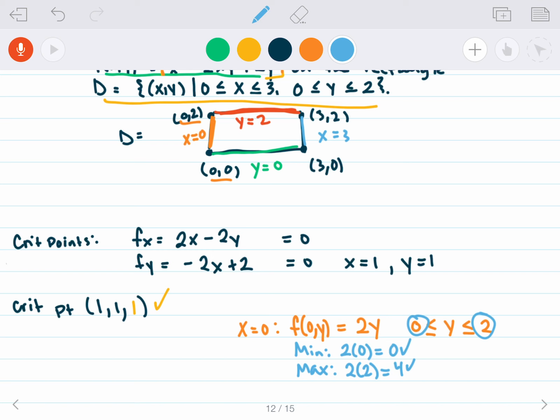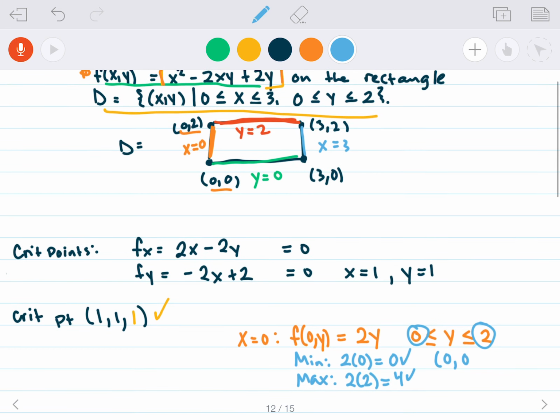Maybe we should list this as an ordered pair. When x was 0, y was 0, and z was 0. And this one right here, when x was 0, y was 2, and z was 4. So these are possible contenders. These were on the boundary, max and min values. We also have this critical point that could be a possible contender.